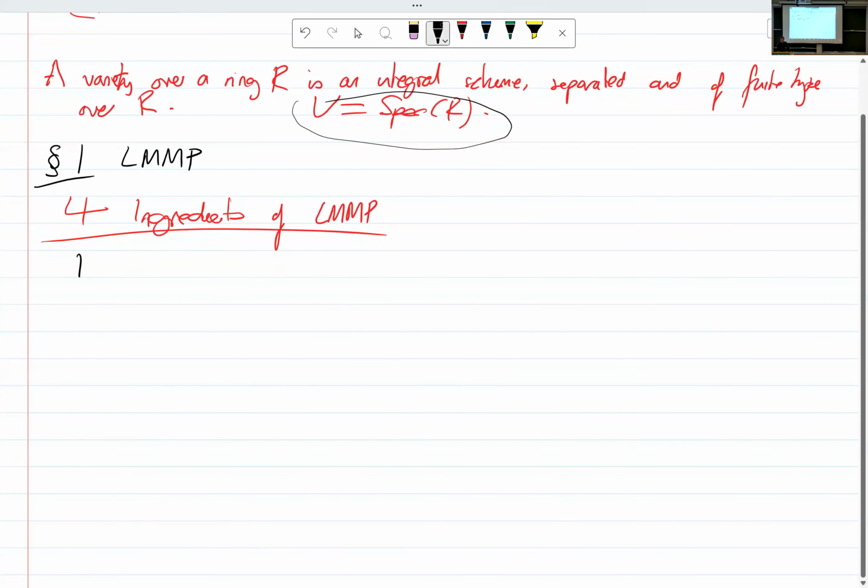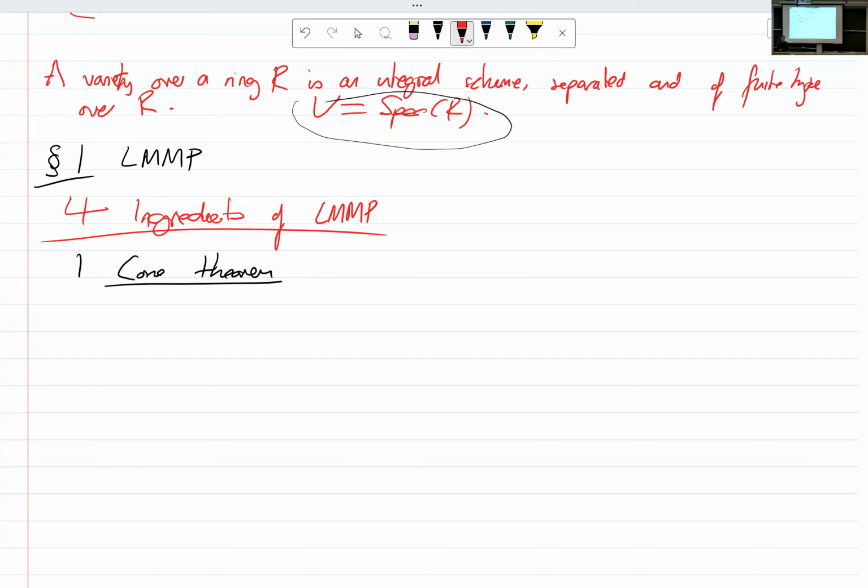And the first one is the cone theorem. Okay, cone theorem.